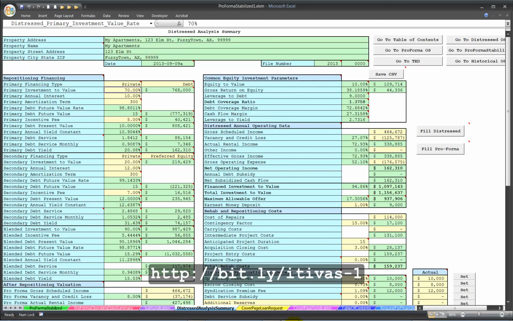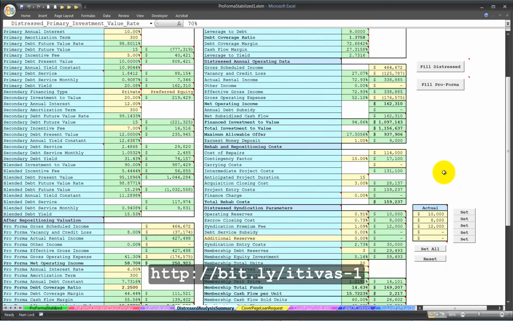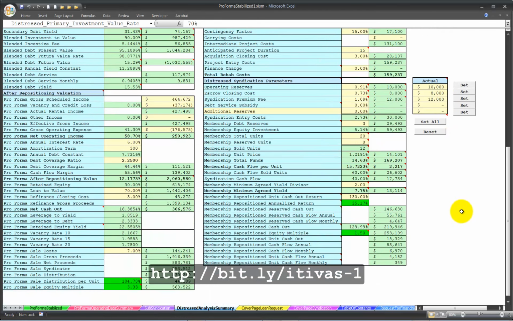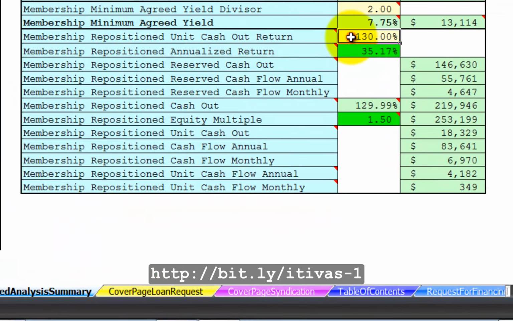This is the Distressed Analysis Summary Worksheet. I want to point out that under the Repositioned Unit Cash Out Return, you can specify a desired simple rate of return on a refinance to cash out your private financiers after completion of the project.